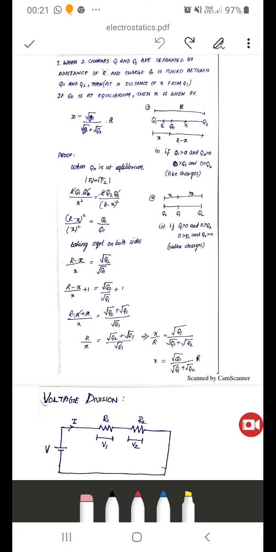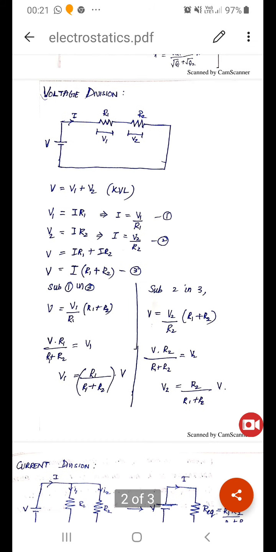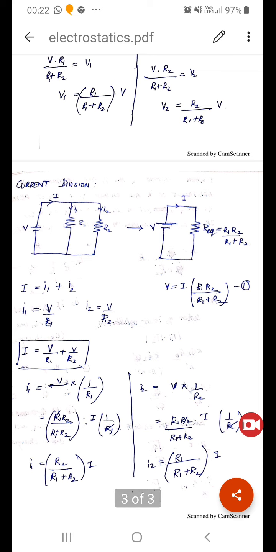We have also learned the voltage division rule and the current division rule. In the voltage division rule, the potential drop V1 is given by the same resistor R1 divided by R1 plus R2 into V. In current division, I1 is given by the opposite resistance R2 divided by R1 plus R2 into I. Hope you understood. Thank you.